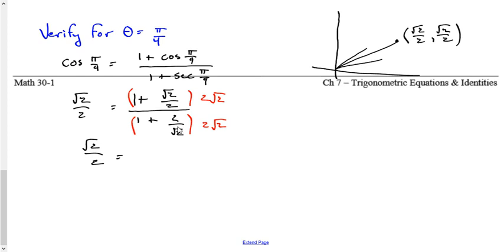Both my numerator and denominator have fractions that I need to fix, so I'm going to distribute in both of them. That'll give me a 2 root 2 plus, here the 2's will cancel out, and I'll get root 2 times root 2, which is a 2. And here I'll get a 2 root 2. And here the root 2's cancel out, so I just have 2 times 2, which is a 4.